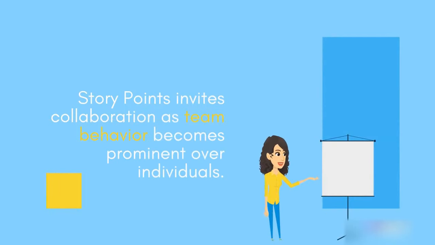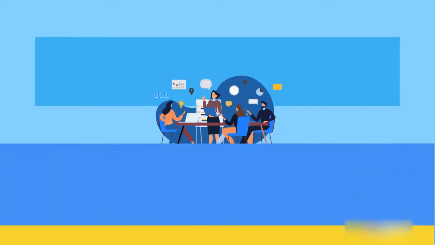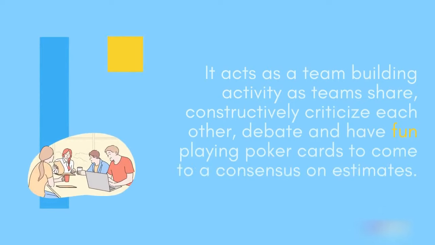Story points invite collaboration as team behavior becomes prominent over individuals. Using planning poker to estimate story points brings the team together. It acts as a team-building activity as teams share, constructively criticize each other, debate and have fun playing poker cards to come to a consensus on estimates.